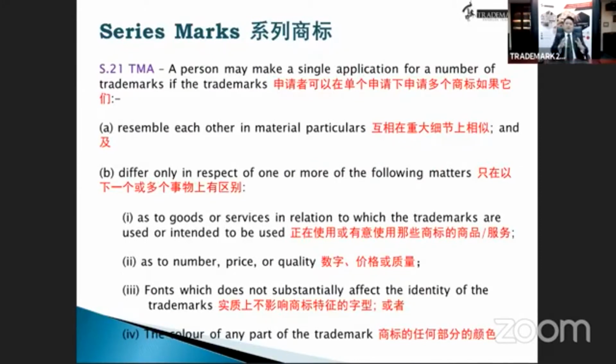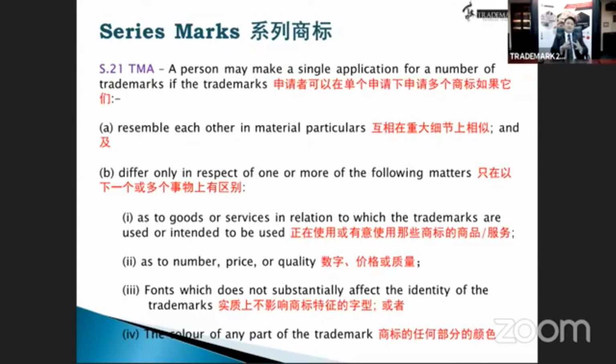So, series trademark. Let's say I have up to 5 or up to 6 different series, but sharing the same mother, I call it the same mother trademark. So the mother trademark has many children, like Alibaba, Alibaba 100, Alibaba 200, Alibaba 300.